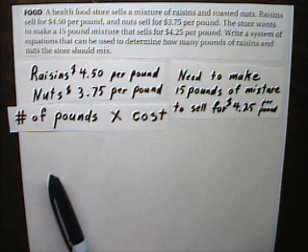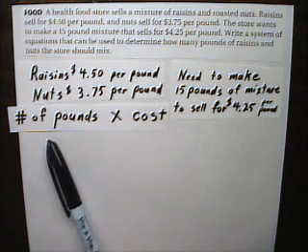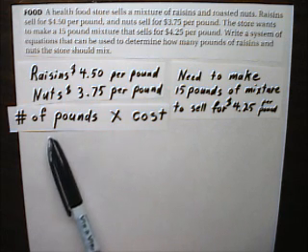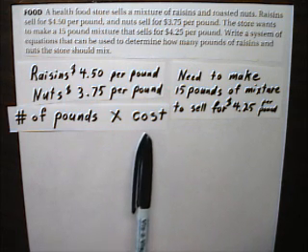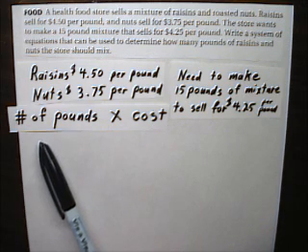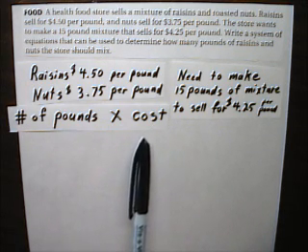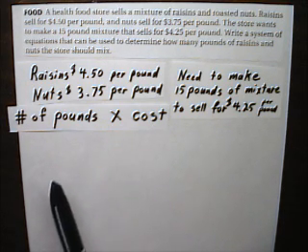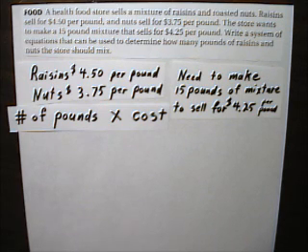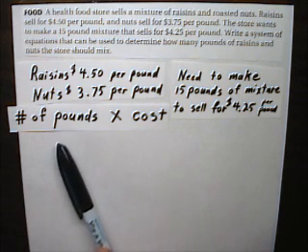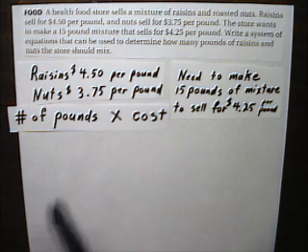There was another problem where we were renting skates and bicycles, and it was the number of skates rented times their cost, and also the number of bicycles times the cost for renting them. This is a reoccurring theme where you multiply the number of things you have times their cost.